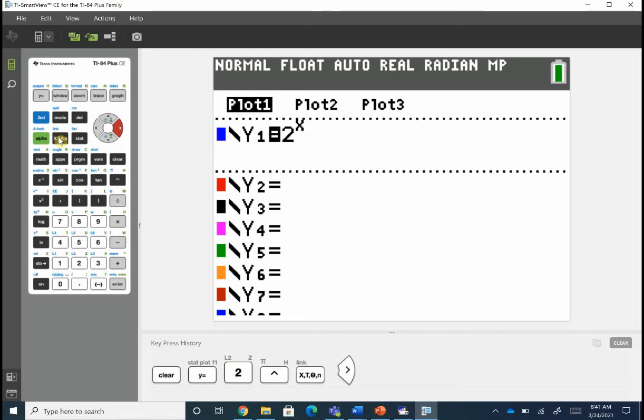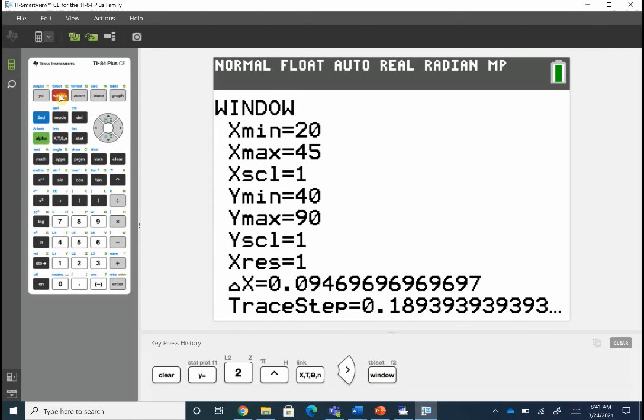Now, in order for us to make sure we can see a nice graph, we want to adjust what's called our window. We're going to go to our window. And we always want to start with -10 for the x minimum.